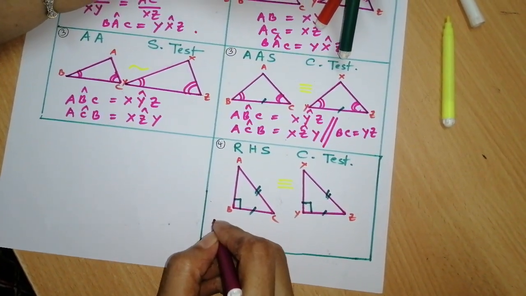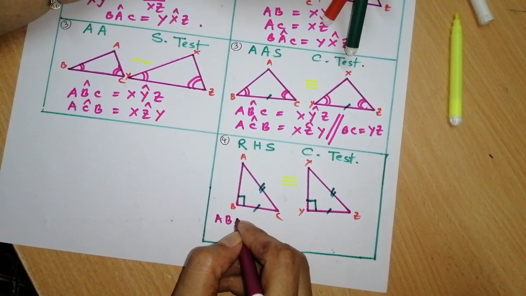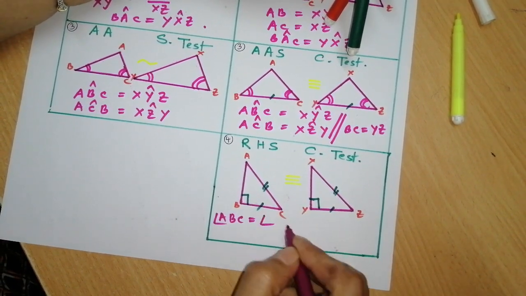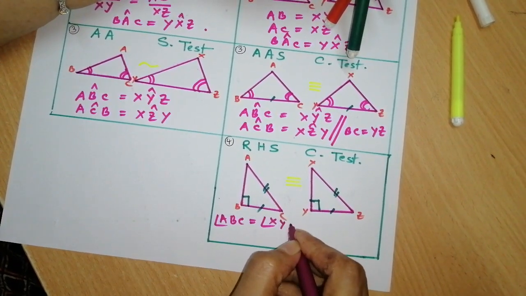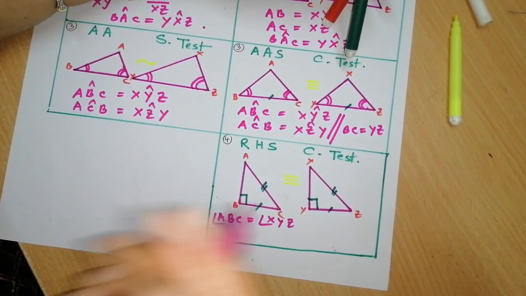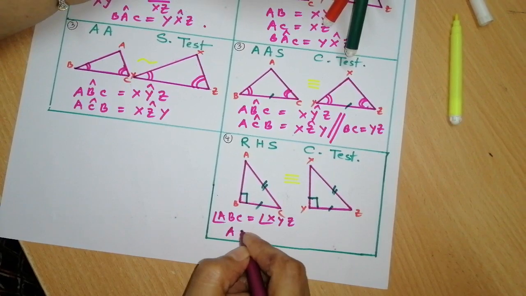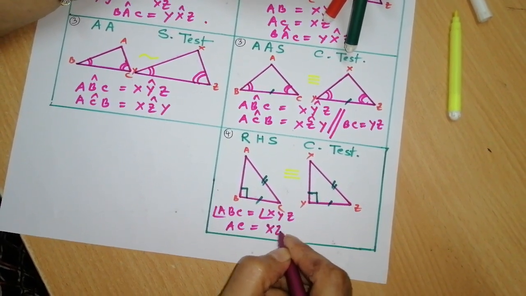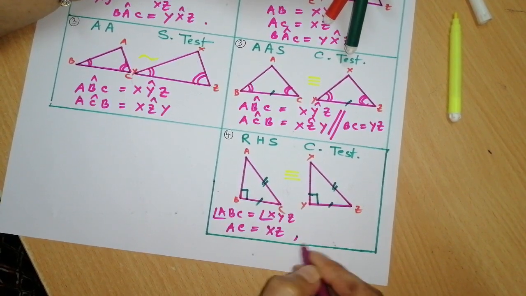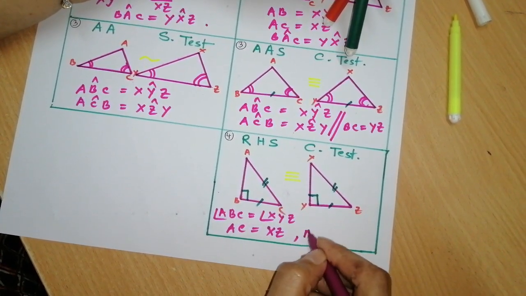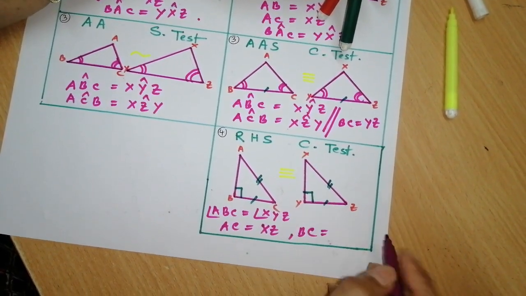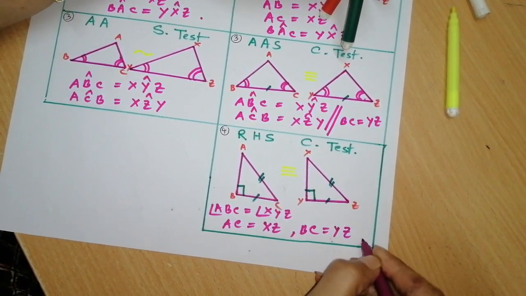Right angle triangle ABC equal to angle XYZ, AC hypotenuse equal to XZ, and BC, length of any of the sides, equal to YZ.